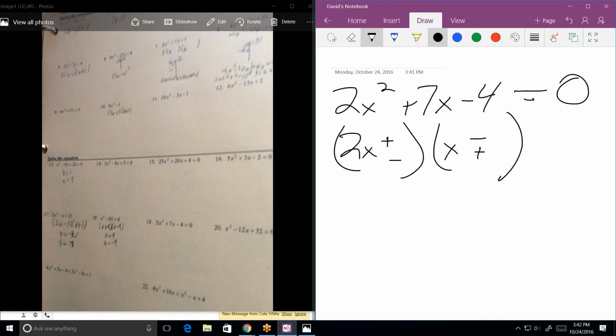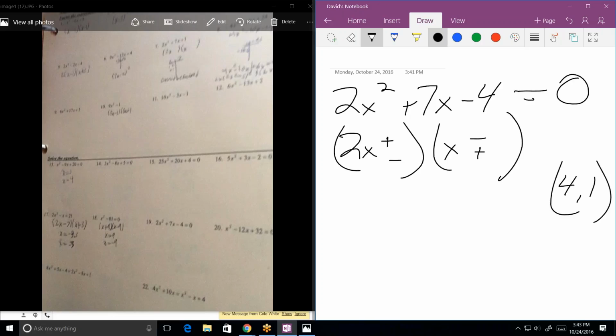Now think about 2 and 2 for a moment. Can it work? No. You're never getting up to 7. You're going to have 2 times 2, which is 4, and 2 times 1, which is 2. The best I can ever get to would be 6, and that's if they were both the same sign. So it's not going to be 2 and 2, which means the only other possibility is 4 and 1.